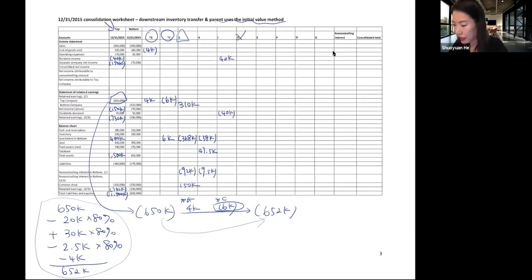So we don't have D here because it has been taken care of by your consolidation entry I.